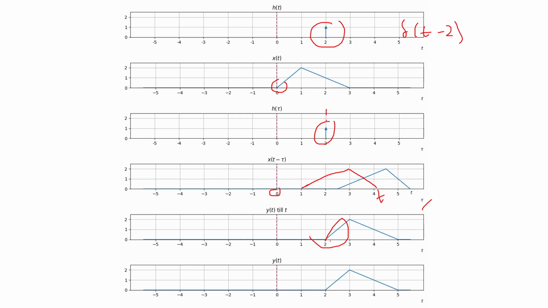Now, the only non-zero value of h(t) is over here, and this number here will have to be multiplied. Actually, multiplying and summing does not mean much here because there is only one value in h(t) at 2, an impulse, and that number will be located at t, where t is right here, at this location.